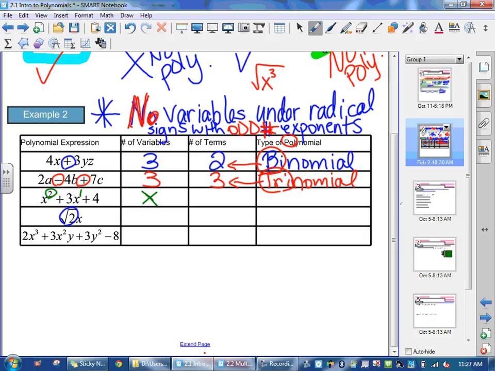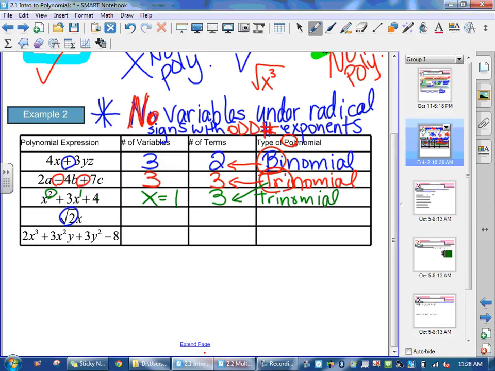So it's 1. We have 1 variable. Number of terms. How many terms do we have, though? Show me your fingers. How many do you have for terms? We've got this one, and that one. So how many do we have now? 3 terms. Okay? 3 terms. We already know from that one, it's going to be a trinomial.